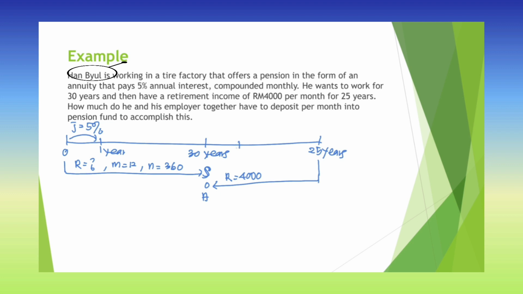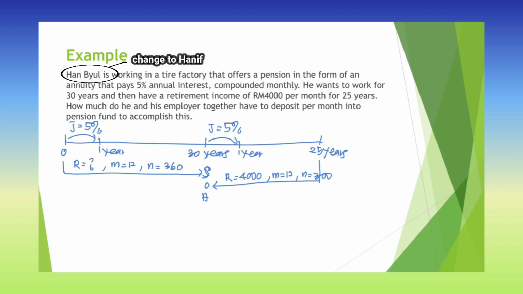The interest rate for 1 year J equal to 5% and it is compounded monthly, so M equal to 12. Therefore, N equal to 300.